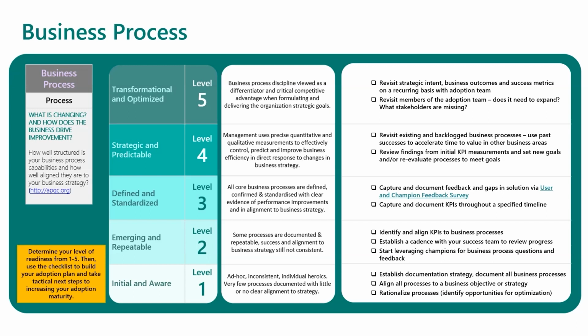Now, I will note that on all of these pillars, you'll notice that even at the highest level of readiness, there is still action attached to it. So, for example, here, revisiting strategy and intent, revisiting the members of your adoption team. And that is because adoption does not stop. It is cyclical and it must be continuously evaluated and managed.